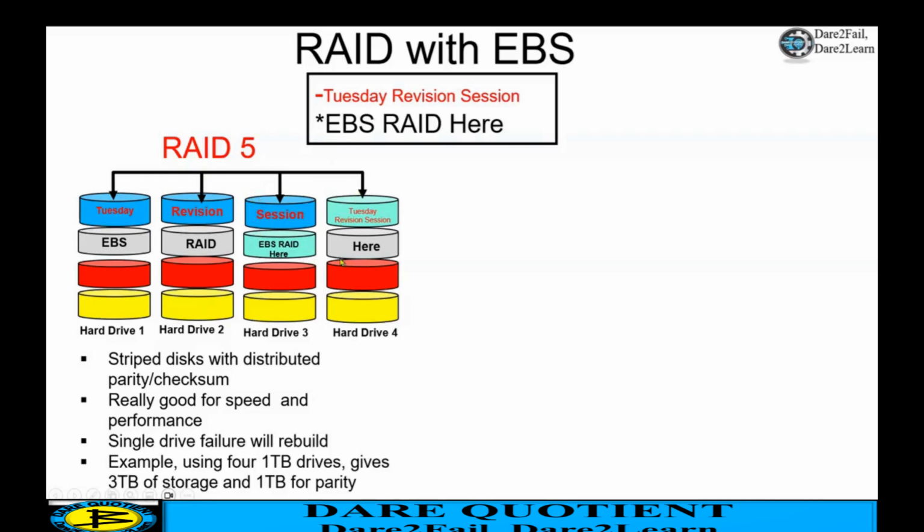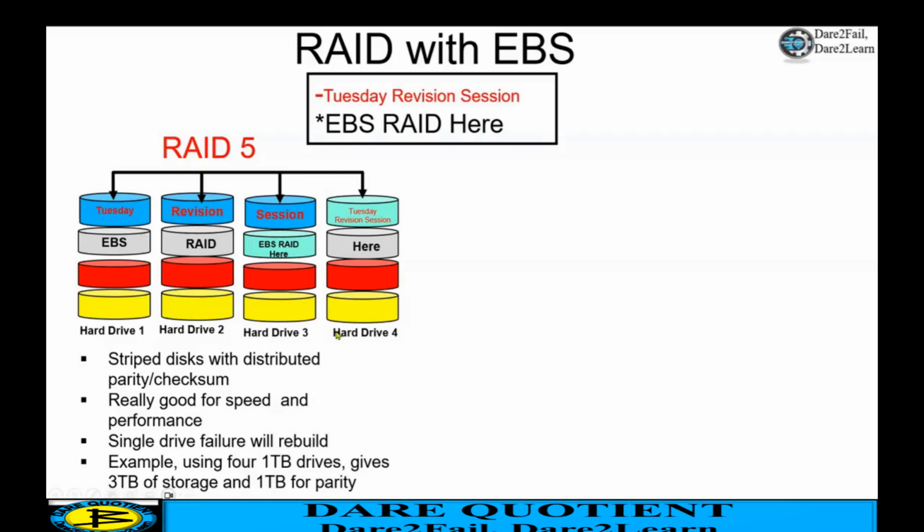We can use the parity in hard drive 4 to recover the session drive, hard drive 3. And likewise, with "EBS RAID here", let's say hard drive 3, which contains the parity, fails. You can use the other 3 hard drives to recover hard drive 3. So that's how RAID 5 operates.